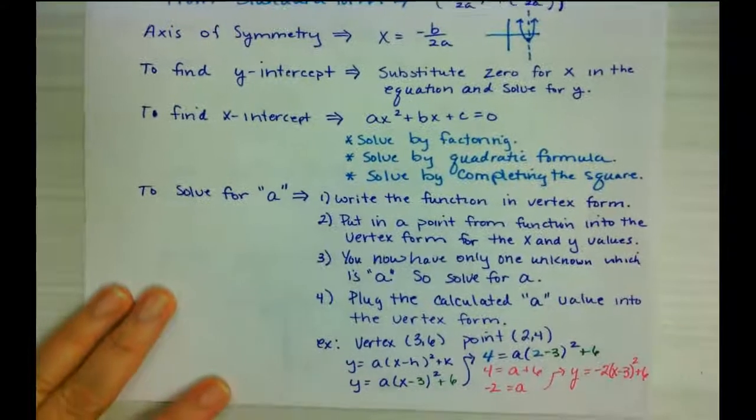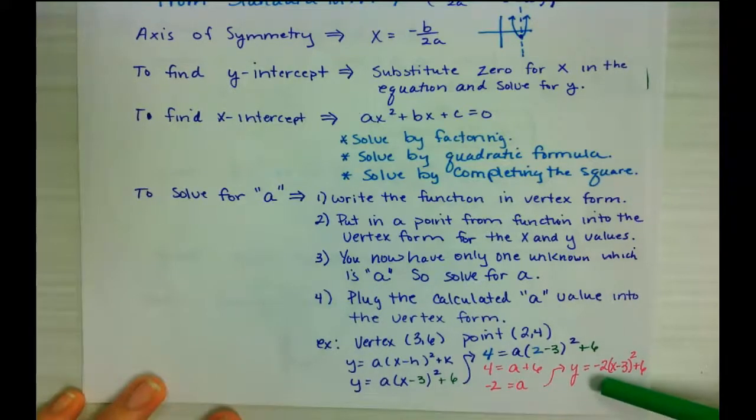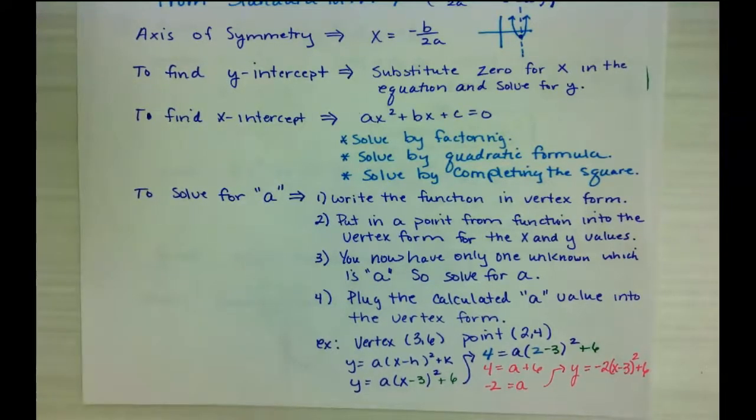We also learned that we could solve for a, which is one of the things a tells us about the width. If we had a model and didn't know the width of that quadratic, we could plug in the vertex, plug in another point on the graph, solve for a, and then come up with the width. We did that last year in Algebra 2 in a couple of different functions that we studied.